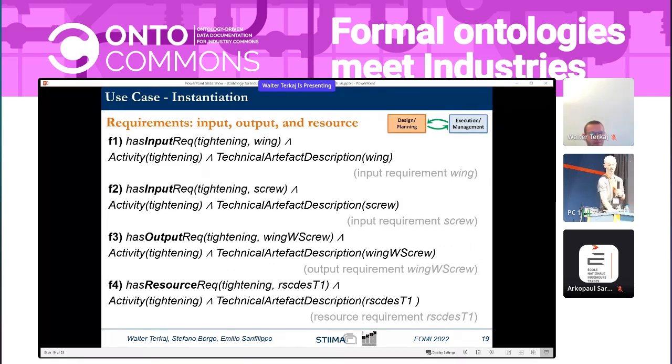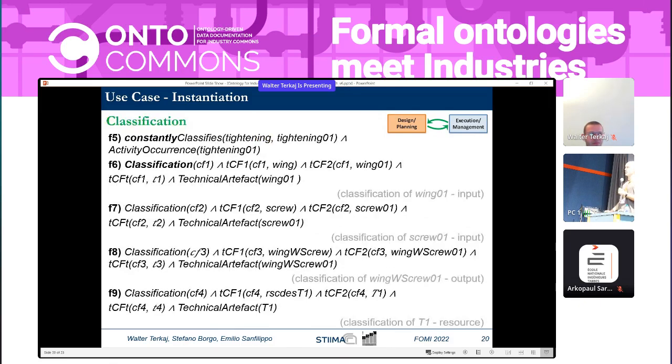If you have a quick look at the resource, it says that our activity, in this case a tightening, has a resource requirement, which is a technical artifact description. So this tells us that our plan requires a certain type of resource. Okay, next slide.